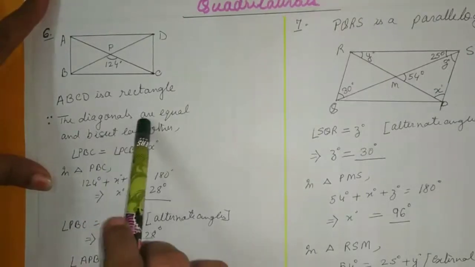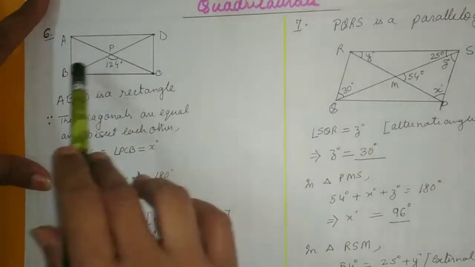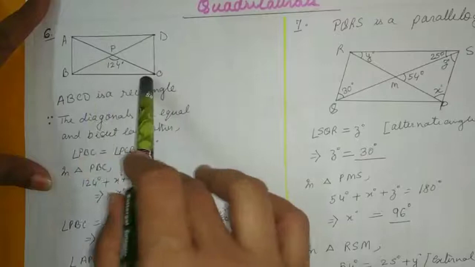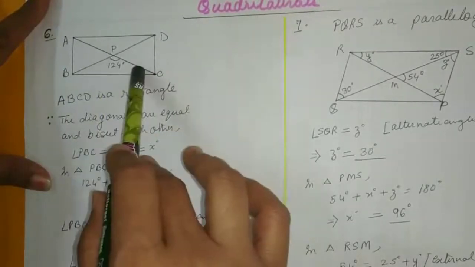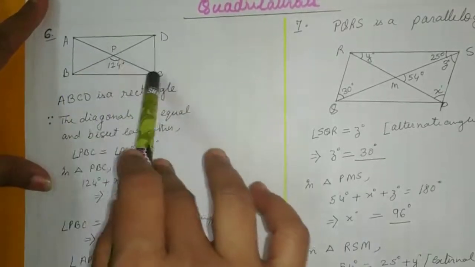So the diagonals are equal and bisect each other. So angle PBC and angle PCB are equal because the diagonals are equal and bisect each other. So each of the subparts is equal. So BP and PC are equal.